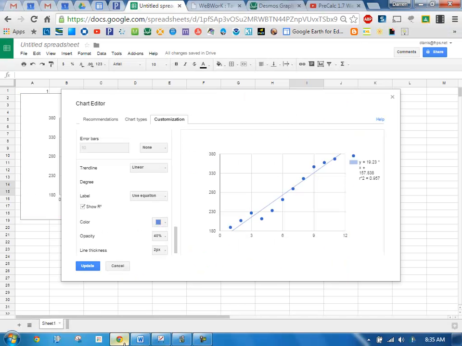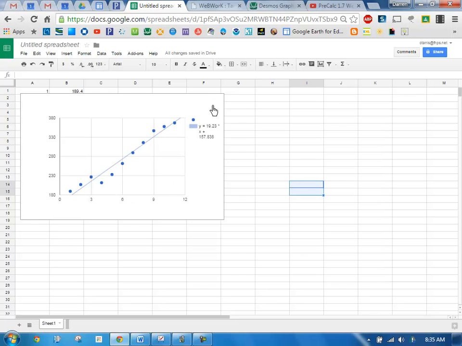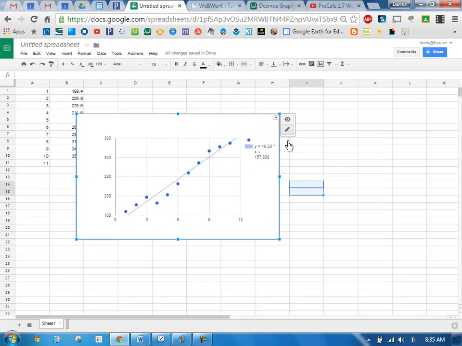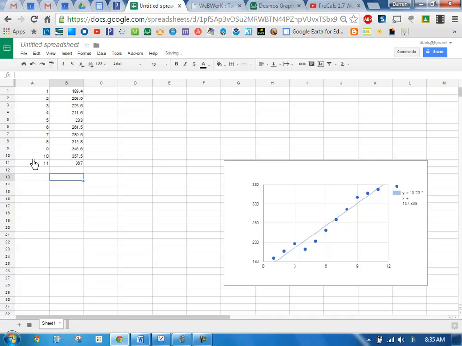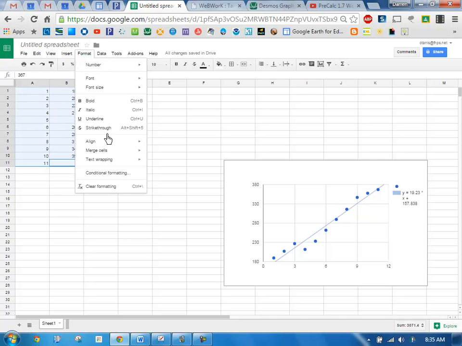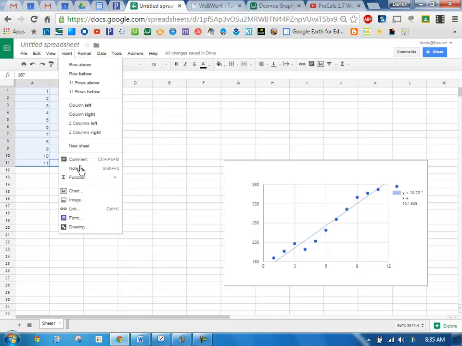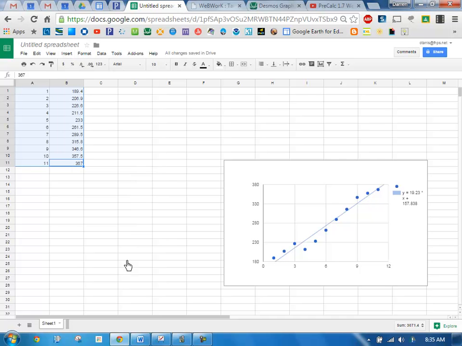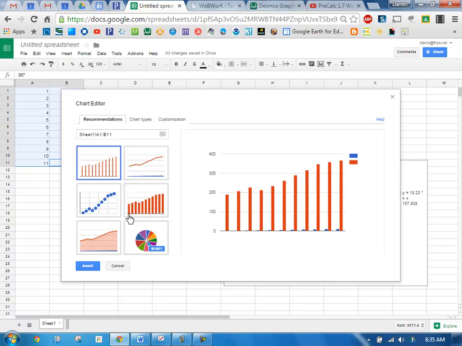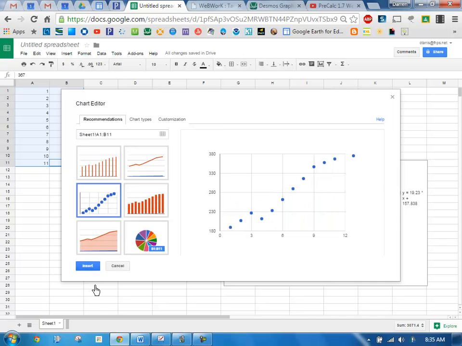Now, you can do this in Google Sheets as well, which we've been using quite a bit. It's actually pretty easy. When you insert the table, just do a table of values just like I did in the calculator. Highlight the table of values, go to Insert, and then Chart. Now pick a scatter plot, that one right there, hit Insert.